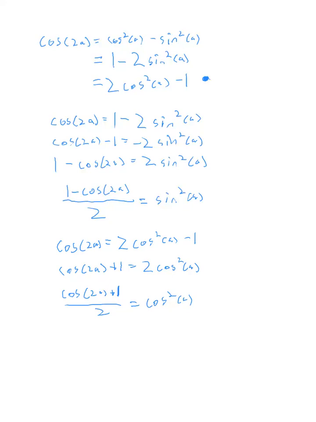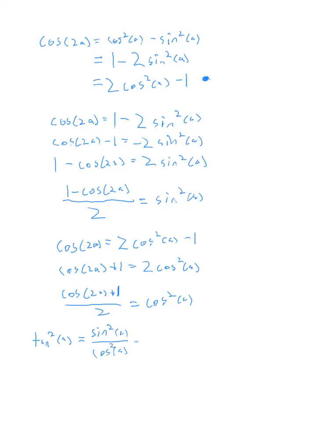Now, naturally, if we have one for sine and cosine, we can make one for tangent. We can recognize that tangent squared of a is equal to sine squared of a over cosine squared of a.